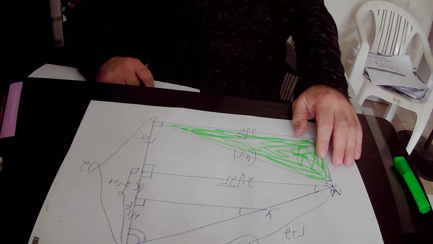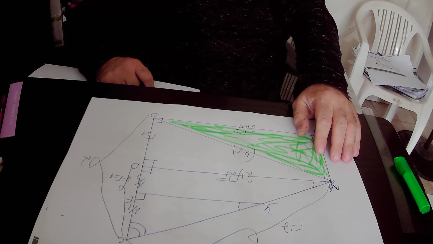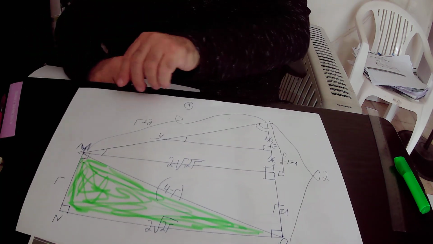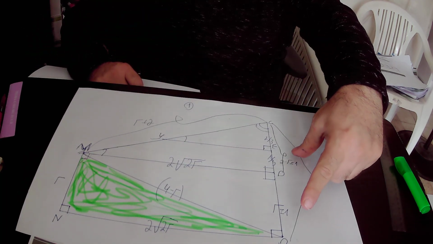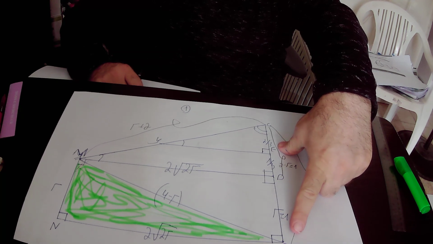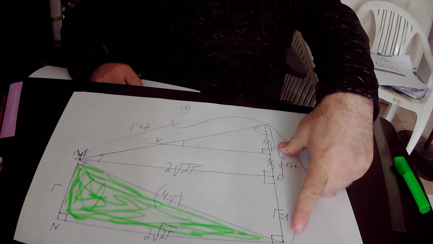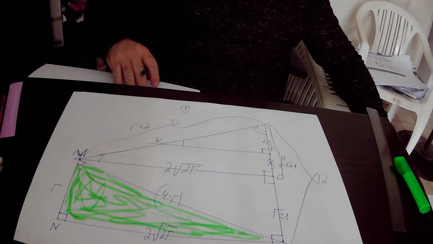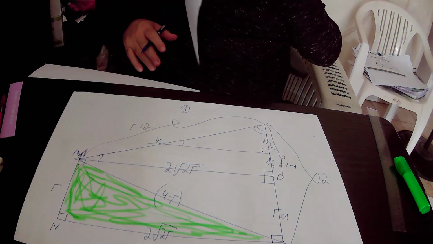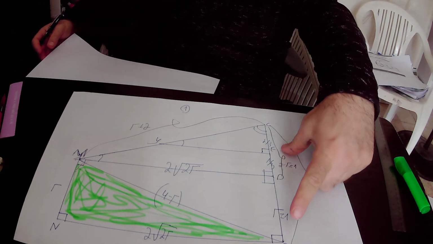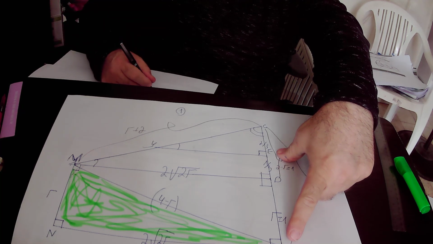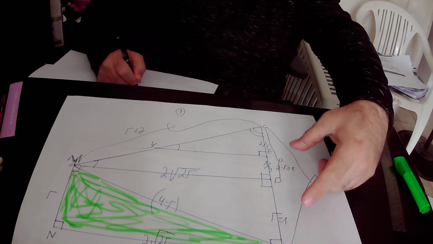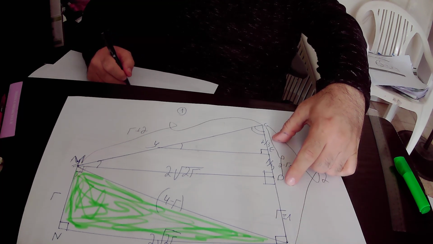So what is the value of OE? From the drawing you can see that the value of OE is actually equal to R, that is 1, plus DE, that is 1/3. I'll write it down. This line segment OE equals R, that is 1, plus DE, that is 1/3.